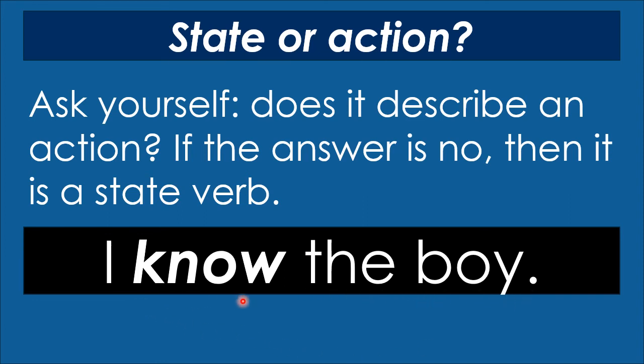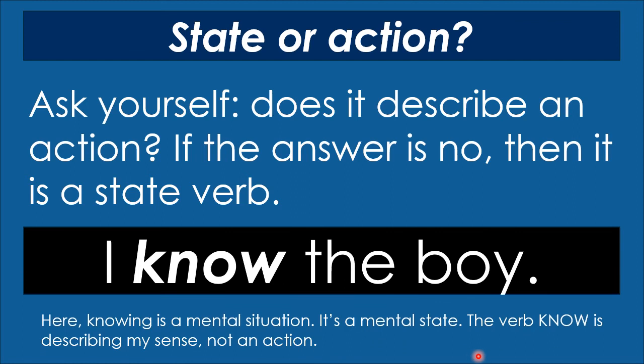Here the verb is know, and if you ask does know describe an action or does it describe a state? Certainly it's describing a state. It's not describing an action. The verb know is describing my sense, not an action.